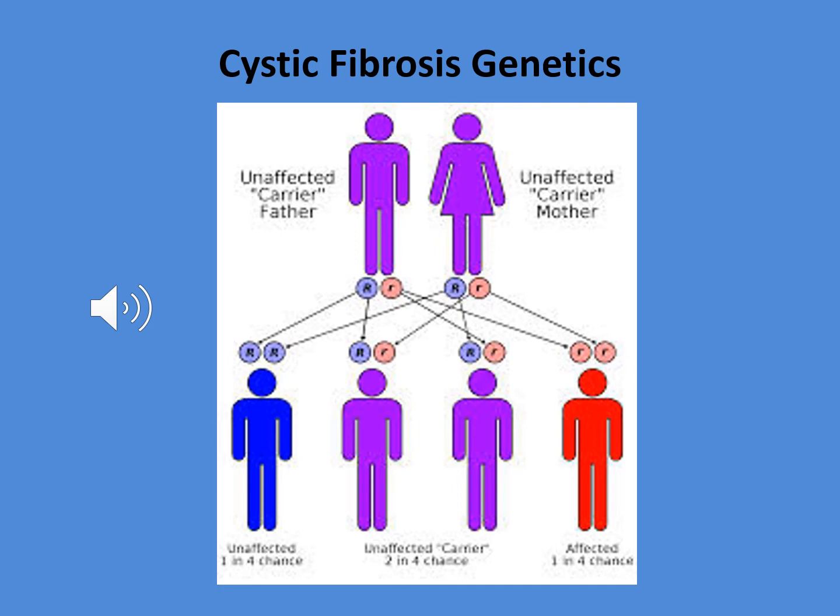So the chances that their offspring, and this is the same chance with each pregnancy, is a 1 in 4 chance or 25% chance that their child will actually have cystic fibrosis, meaning they have the disease, they have signs and symptoms. There's a 1 in 4 or 25% chance the child will not have anything, meaning they don't even carry the trait. So no disease, no symptoms, and they're not a carrier.